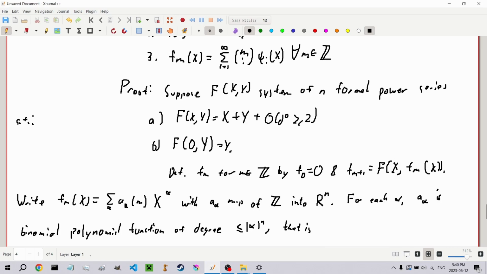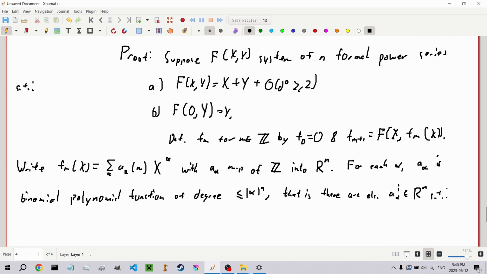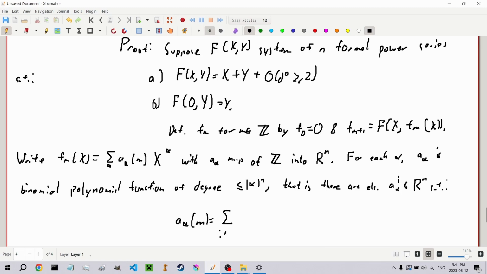That is, there are elements a_alpha^I in R^n such that a^alpha of m is the sum over I being at most alpha of a_alpha^I times m choose I.